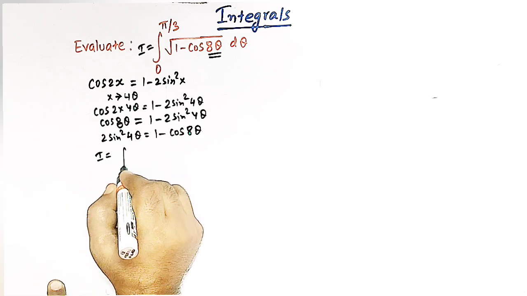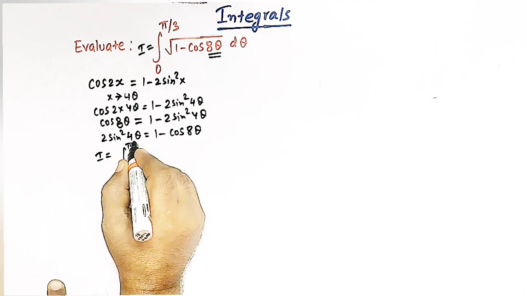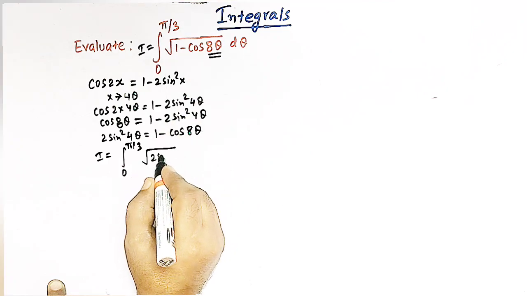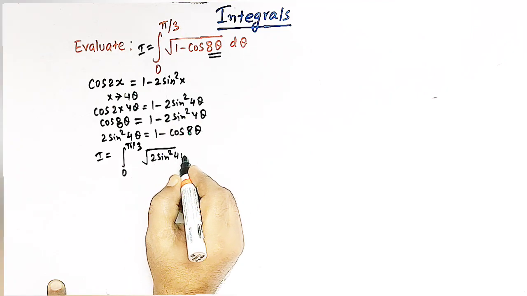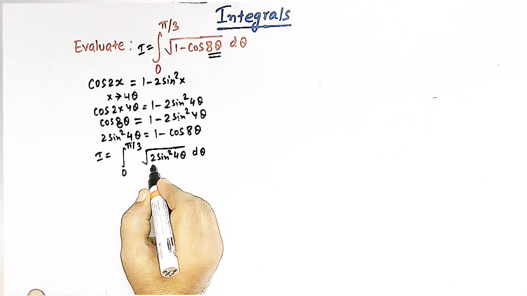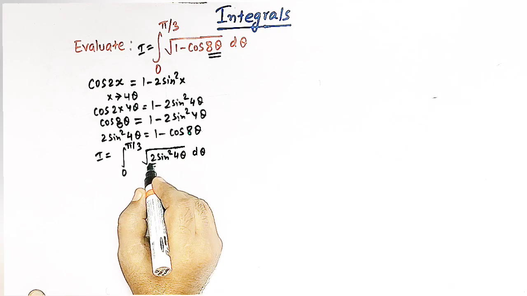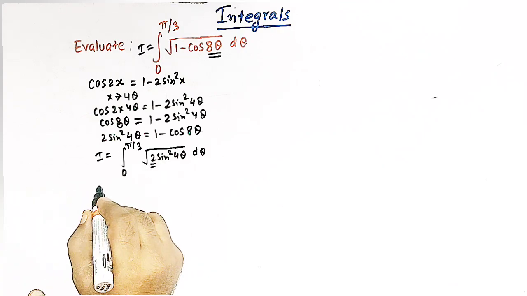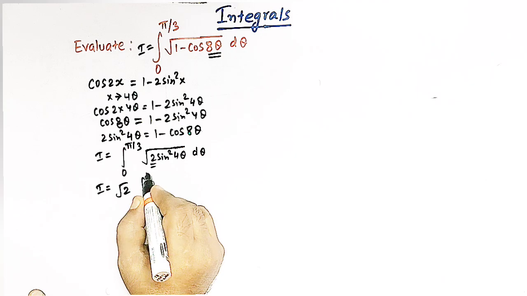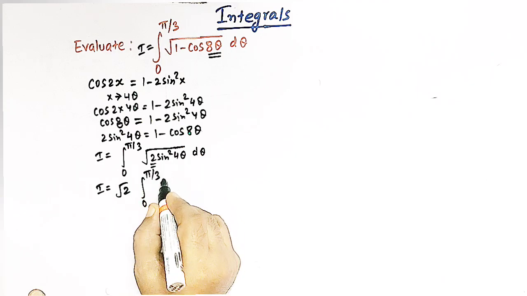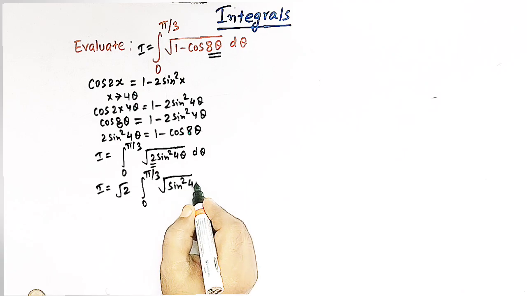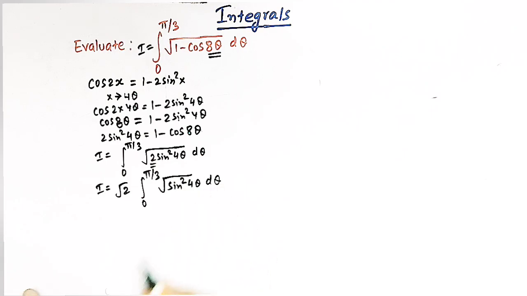So we have I equals the integral from 0 to pi by 3 of the square root of 2 sine square 4 theta d theta. Now we can take the square root of 2 outside the integral. So we have square root of 2 times the integral from 0 to pi by 3 of the square root of sine square 4 theta d theta.